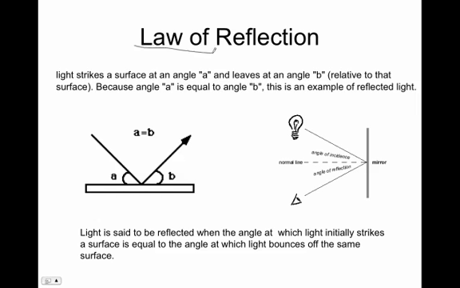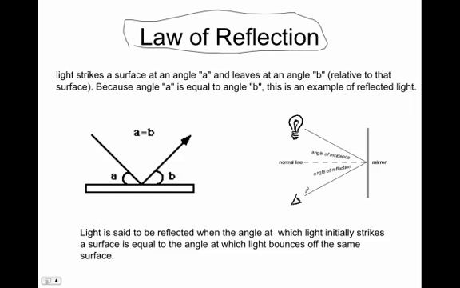So the law of reflection states, and you'll find this out when you do your experiment, that light strikes the surface at angle A and leaves at angle B, relative to the surface. A and B will always be equal. Don't forget, A and B don't have names, but they will be equal. Light is said to be reflected. So here's the light.